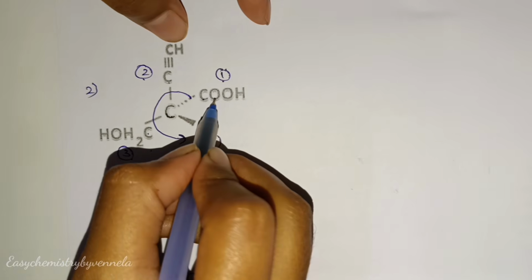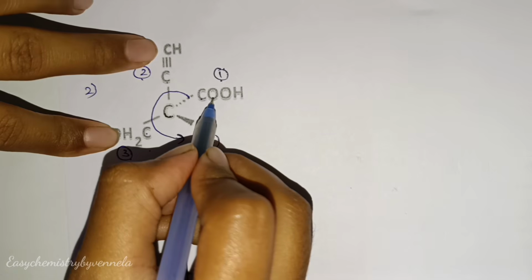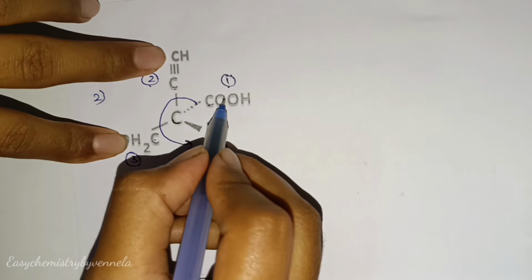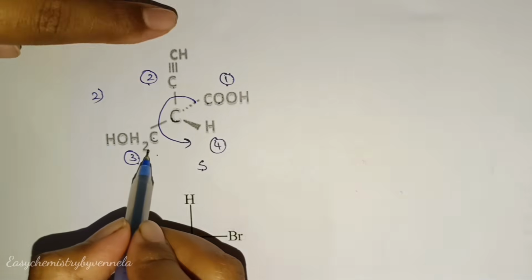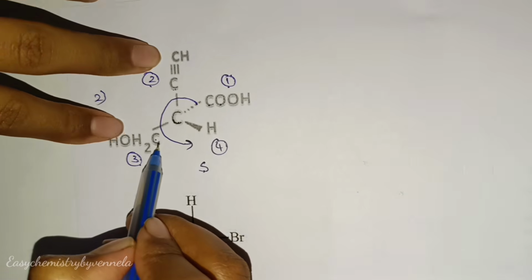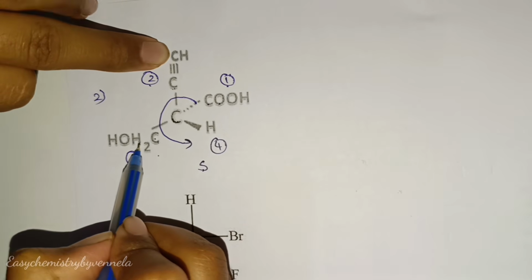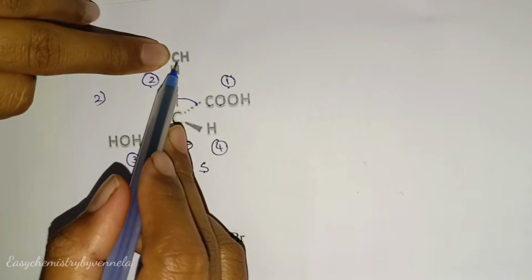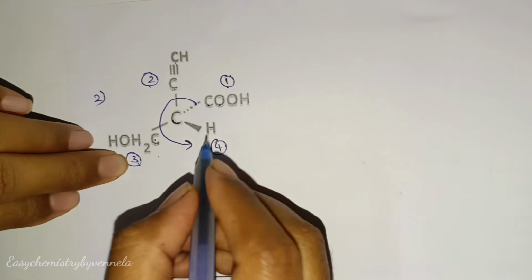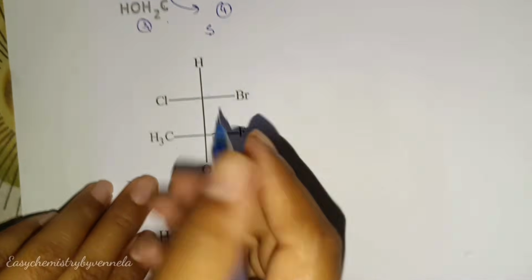Next one is here oxygen, here carbon, here hydrogen. So which one has the highest atomic number? Oxygen. So I am giving first priority to this one. Next, see these two. Here, first one is carbon, same. Next one is here carbon, but here hydrogen is present. So I am giving priority to the carbon. So this is the second. This is the third one. So finally, hydrogen is there. So it is S configuration.